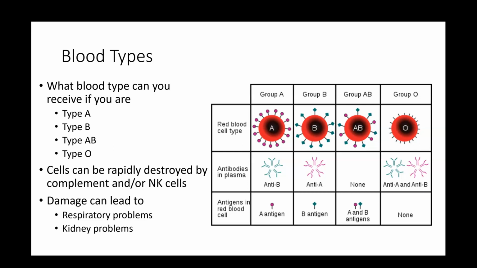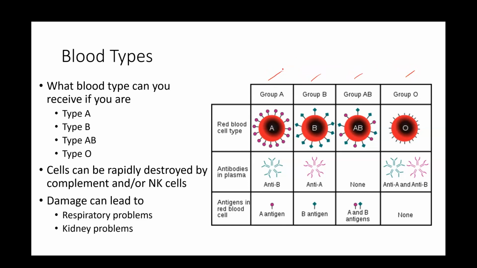Before we can talk about this, let's talk about blood types first, because we haven't talked about this yet. Remember that you can be four different types of blood: type A, B, AB, and O.